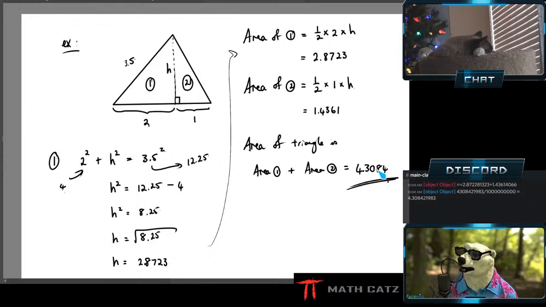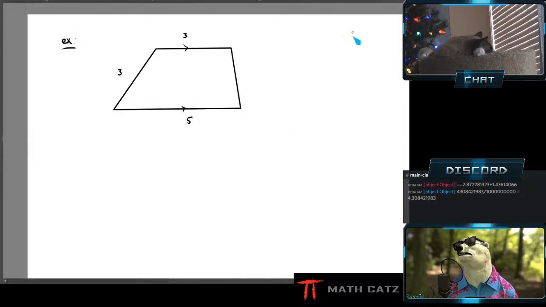But given the tools that we have, sticking to those formulas, the triangle formula needs the height. I could be given the height directly, great, that'd be wonderful. Or I might have to use Pythagoras, but they'll give me enough to figure it out. But don't be afraid to break up my shapes into smaller shapes.